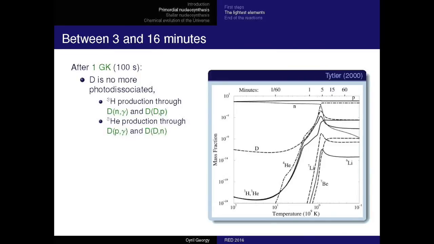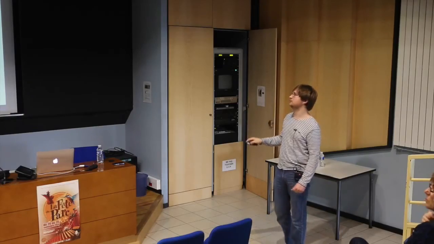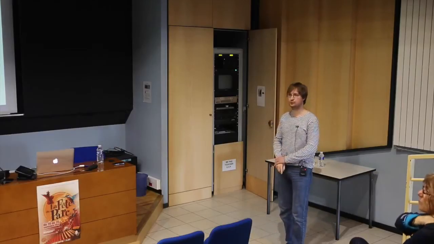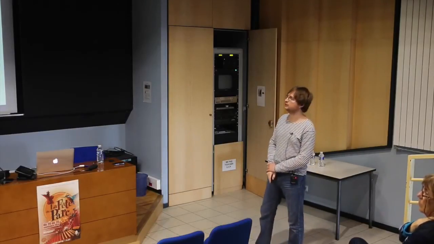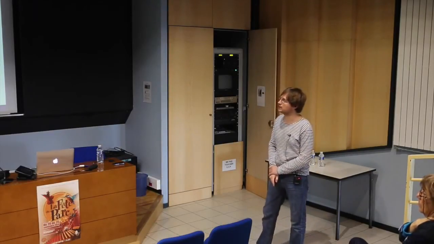And then at some point, even the deuterium will remain stable long enough to start to build this kind of element here. So the fraction of deuterium will decrease again, and you will have a strong increase in the helium-4 fraction, the helium-3 and hydrogen-3 fraction here, due to the fact that you are able to go through this reaction because deuterium is stable enough at this temperature.